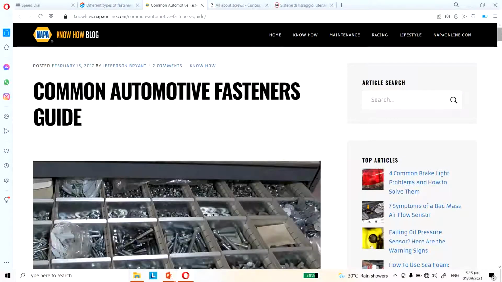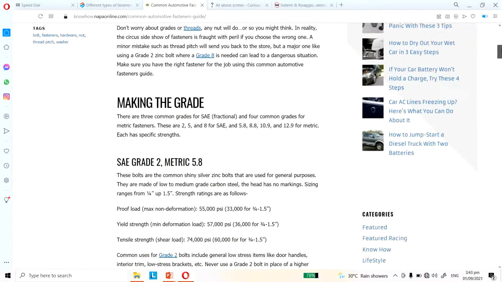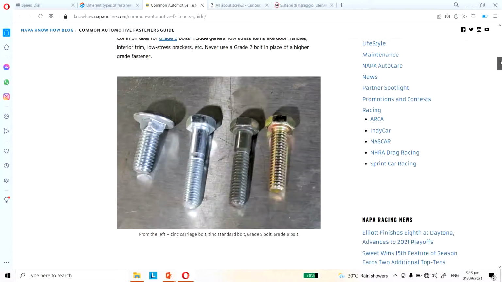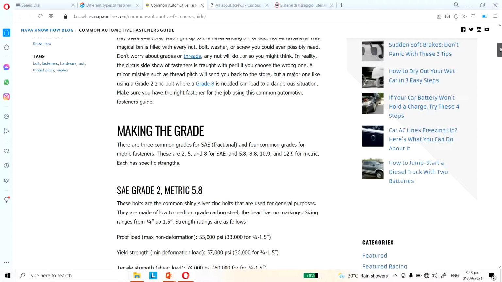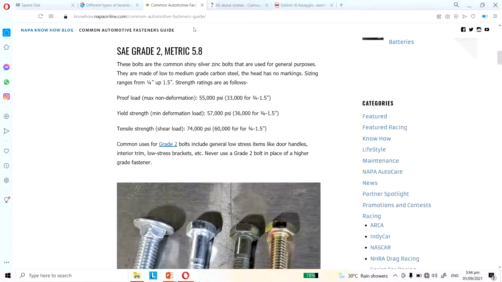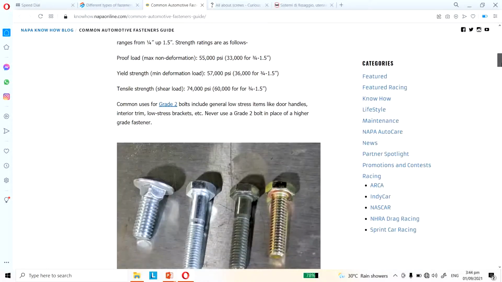Okay, another one right here is the grades of fasteners or bolts. It's something like the grades in steel, that if you have a higher grade, that means you have a higher strength. There's a grade in terms of SAE grades, and there is also a designation based on the metric system, let's say 5.8.